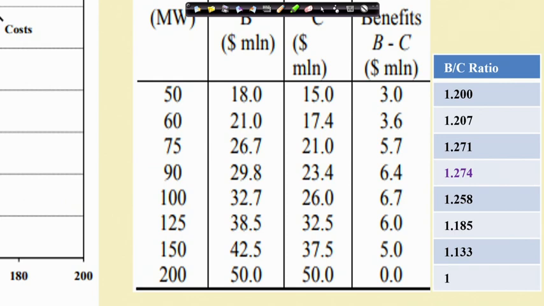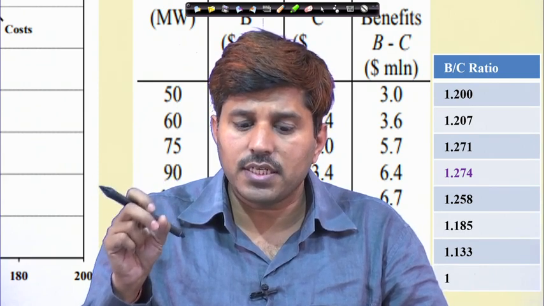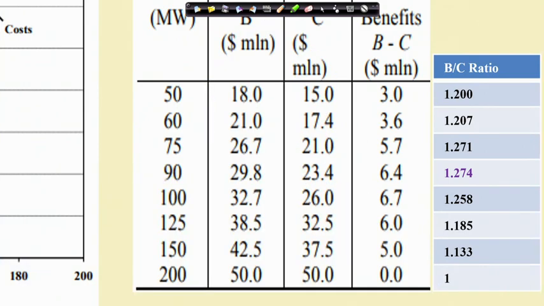So even for that additional expenditure I am getting certain benefits. It has to be seen in perspective that I am spending $2.9 million more in moving from 90 to 100, and I am getting a return of from 23.4 to 26. So 2.6 of return I am getting on that.